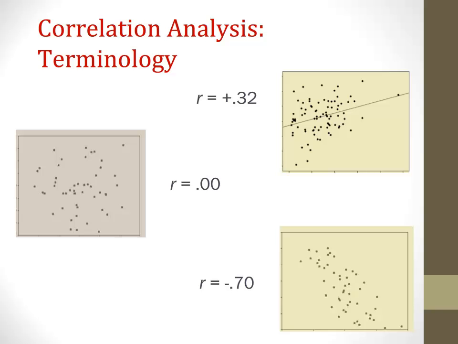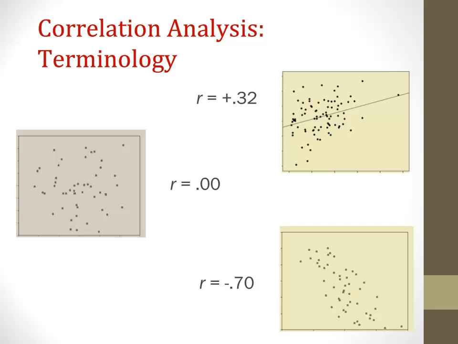When you're interpreting a correlation coefficient, especially in terms of strength, it's really important to remember that it can't be thought of as a number line, but is an interpretation or judgment based on the absolute value of the correlation. So for negative 0.70, the 0.70 is larger, and the relationship is stronger than the positive 0.32.